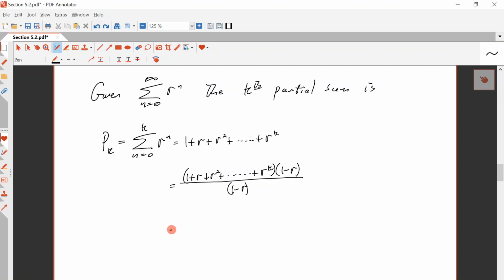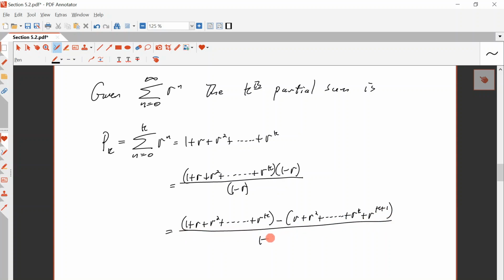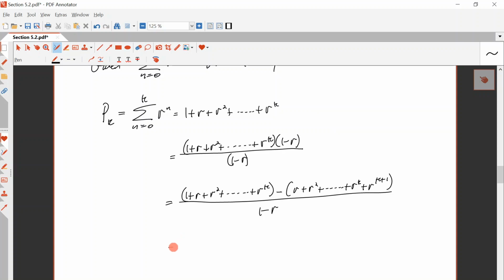All right, well, let's multiply and see what happens. So 1 times all of this, minus r times all of this, which is r plus r squared plus up to r to the k plus 1, over 1 minus r. But now we have cancellation.